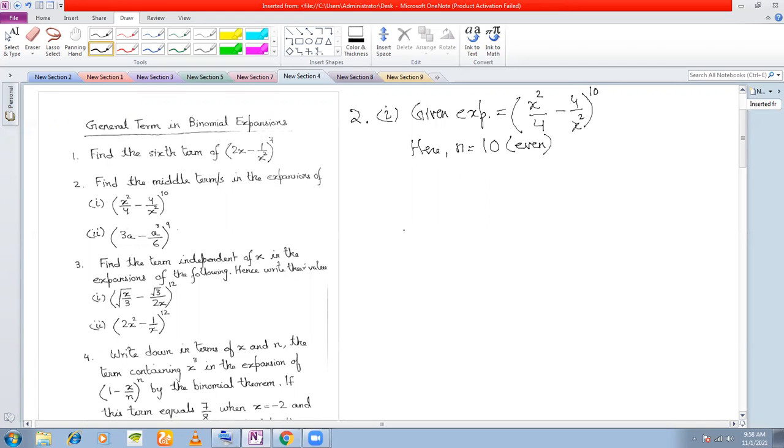And if the power is even, how many middle terms are there? There has to be only one middle term, right? So what is the middle term? If you remember, I told you the middle term would be the (n by 2 plus 1)th term if the power is even, which is equal to your sixth term.